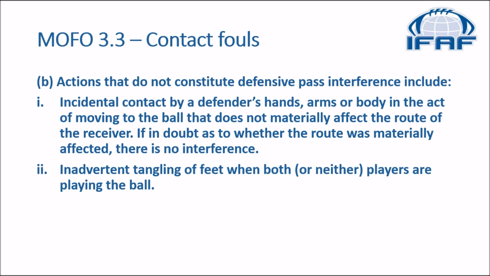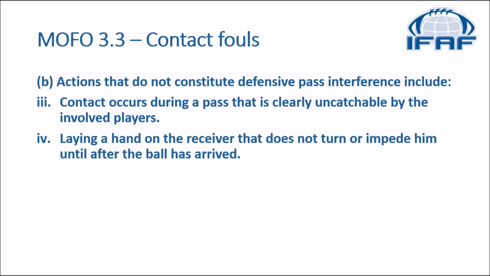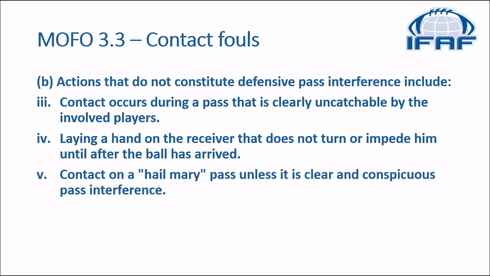Inadvertent tangling of feet when both or neither players are playing the ball. 3. Contact that occurs during a pass that is clearly uncatchable by the involved players. 4. Laying a hand on the receiver that does not turn or impede him until after the ball has arrived.